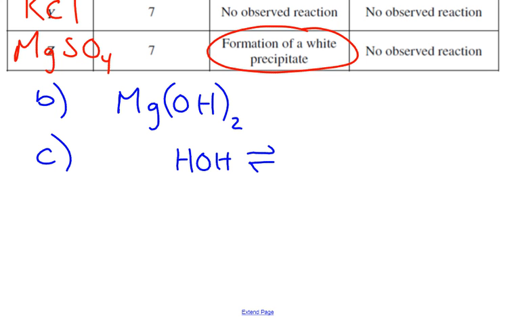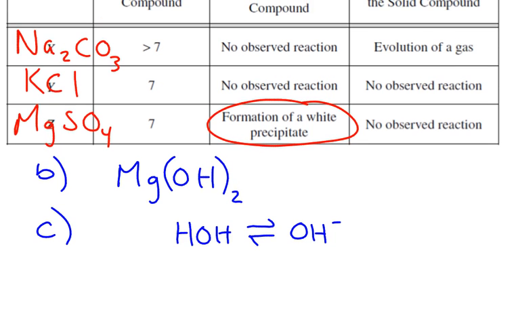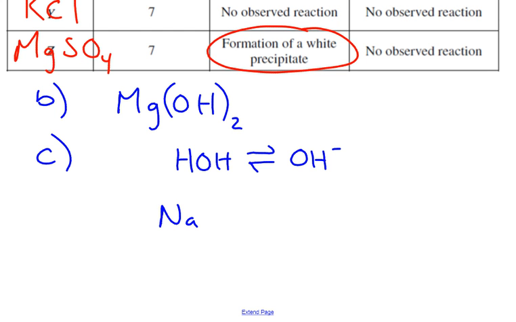What has to be present on the right side, H3O plus or OH minus? OH minus. So here is what you have to think about. What's happening with the water? Losing an H. Right?